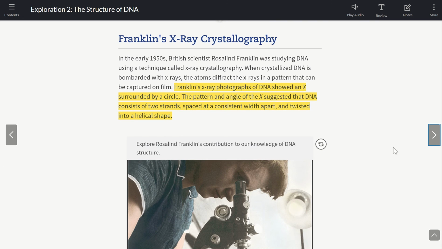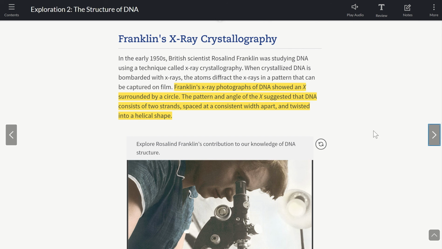The next scientist that played a key role in discovering the structure of a DNA molecule was a scientist named Rosalind Franklin. And Rosalind Franklin was an expert in what's called X-ray crystallography. She was able to essentially take pictures using X-ray technology of extremely small objects. DNA is an extremely small object.